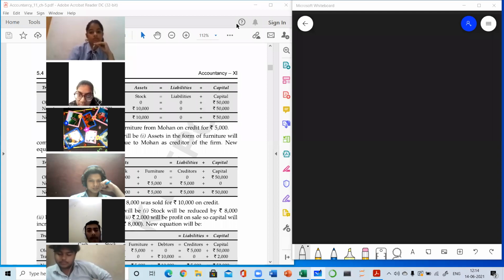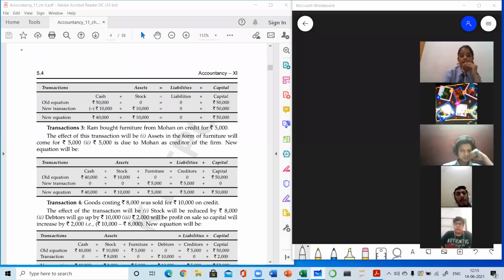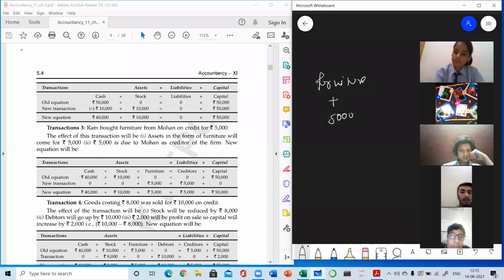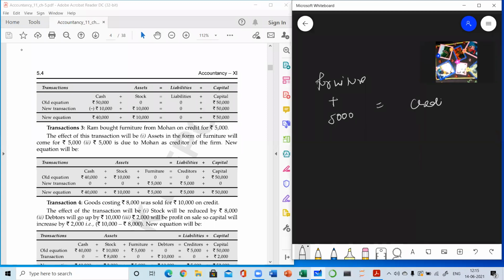Yes, Shraddha, I have unmuted you, beta. Ma'am, two-sided effect will be there. Liability will increase and assets will increase. Very good. Which asset will increase, Shraddha? Furniture. Yes, very good. So we will write furniture and add rupees 5,000 in furniture. And on the other hand side, we will write creditors for furniture.